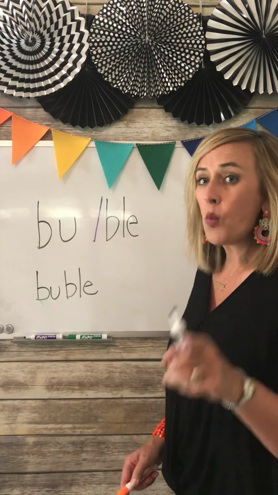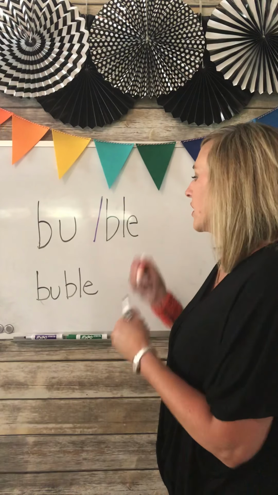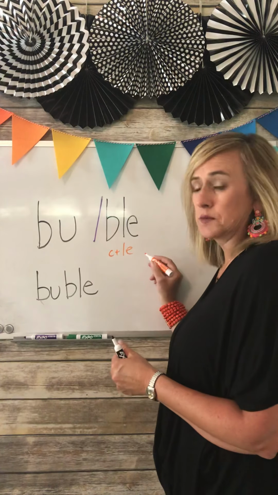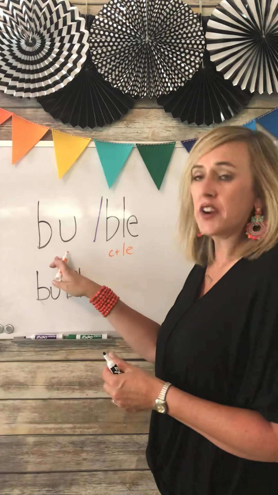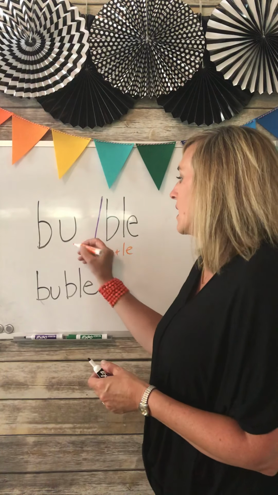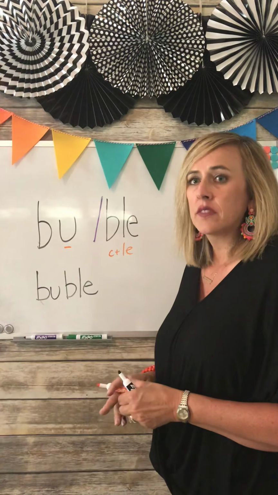All right, so let's talk about why this is not the correct spelling of bubble. We already know that this is the consonant plus LE syllable, and that is going to say bowl. In the first syllable, if this were how it was spelled, then the U would be the last letter in the syllable.